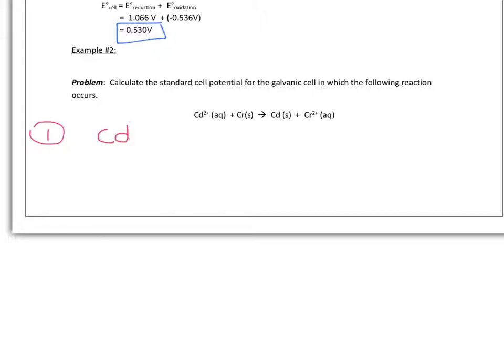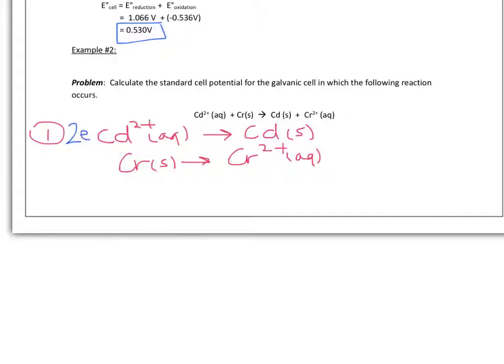We have Cd2 positive goes to Cd solid, and we have Cr solid goes to Cr2 positive. Since we're writing out the half reactions, we must also include the number of electrons. Here we would need 2 electrons, 2 and negative 2 makes 0, and we would need 2 electrons here.